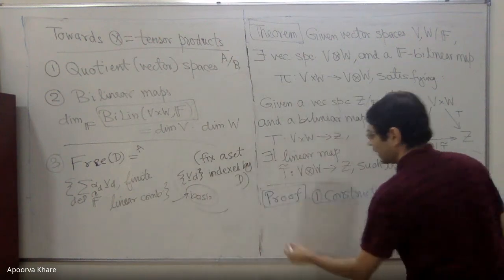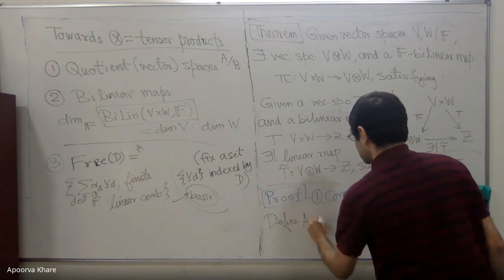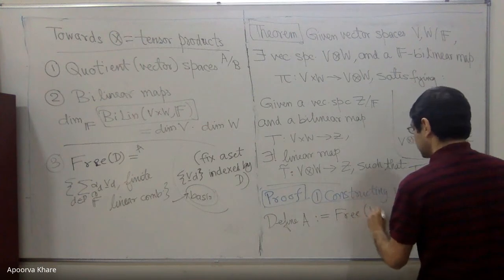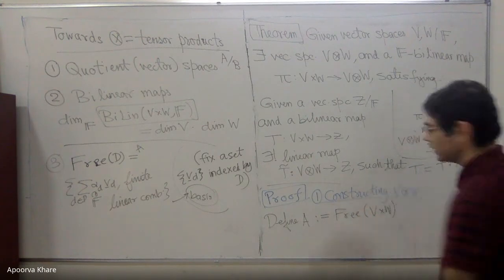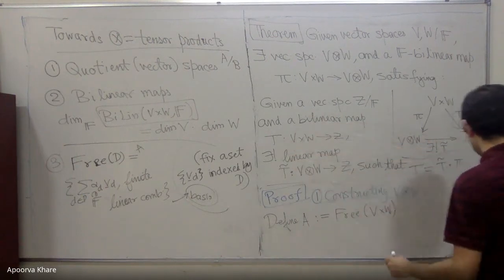Okay, so define A to be the free vector space over V cross W. Okay, and now let me define B. You already saw this. Let's give a basis. I need to index, so fix a basis.